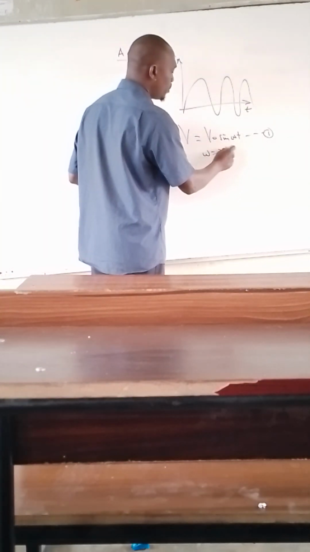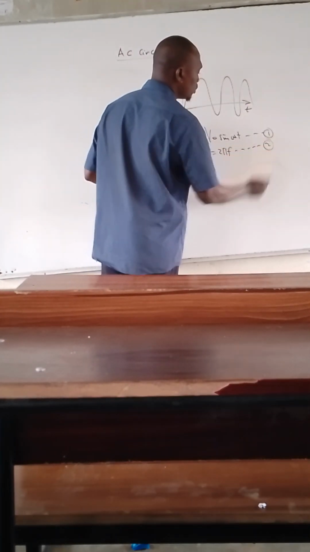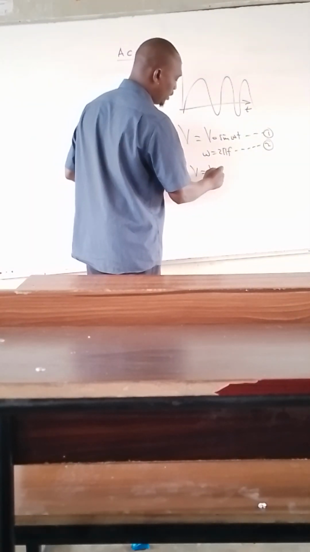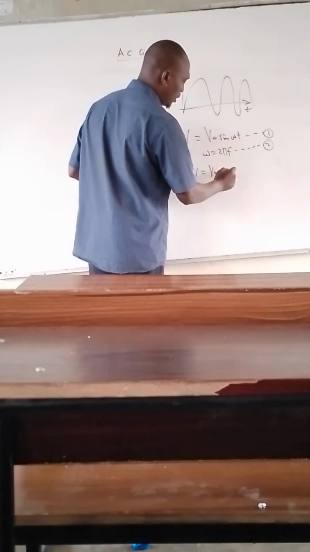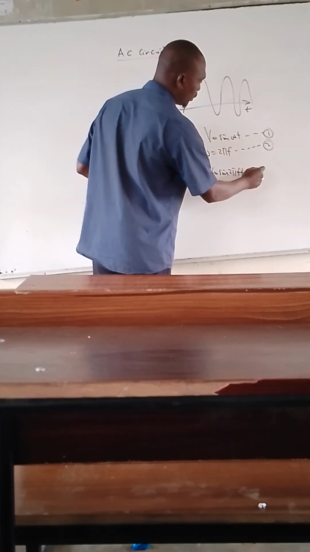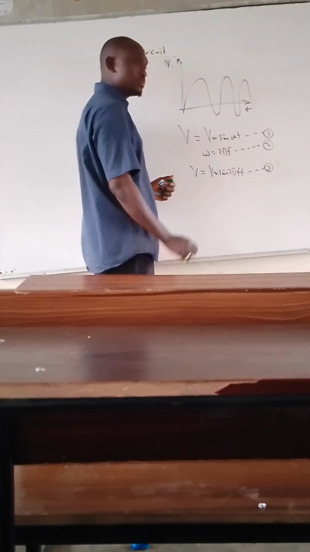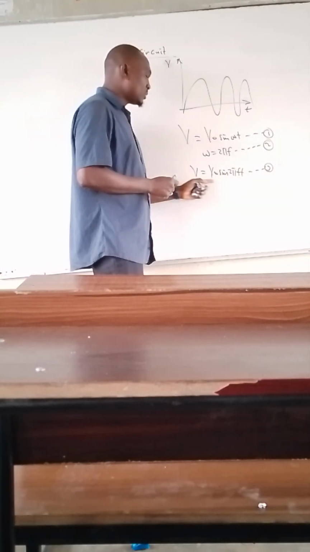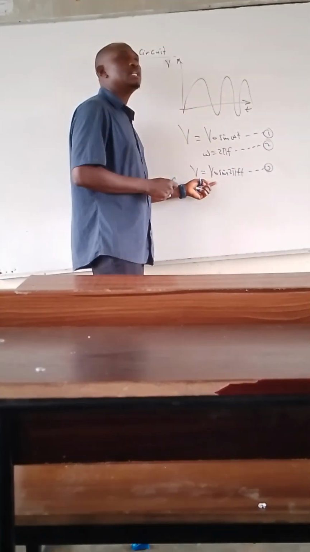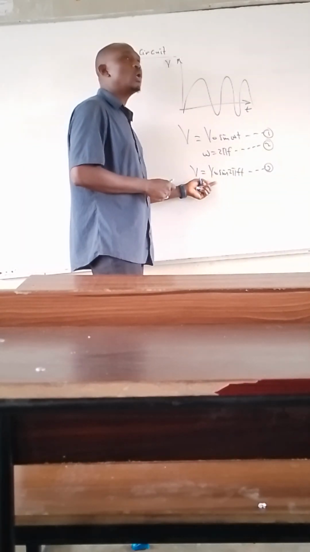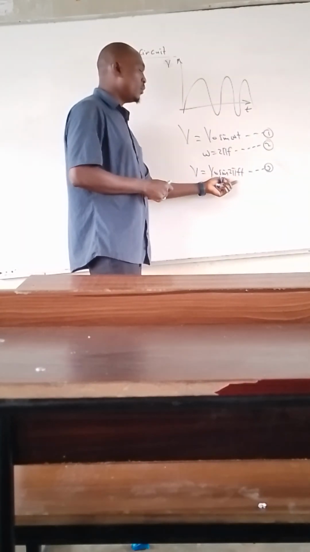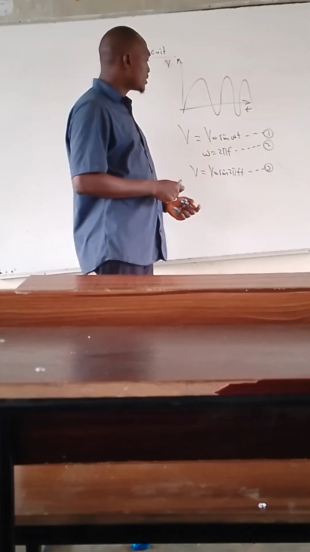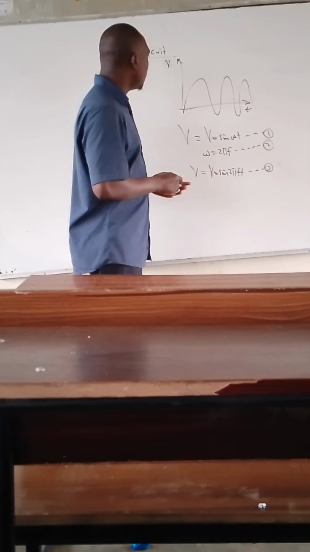Omega equals 2 pi f. We call this equation 2. Substitute 2 in 1. We have V equals V naught sine 2 pi f t. We call this equation 3, where V is the instantaneous voltage, V naught is the peak voltage or maximal value of voltage, and f remains the same thing, frequency, and t is time in seconds, as the case may be.